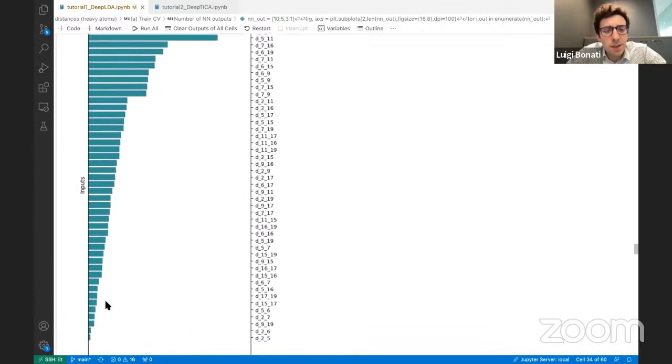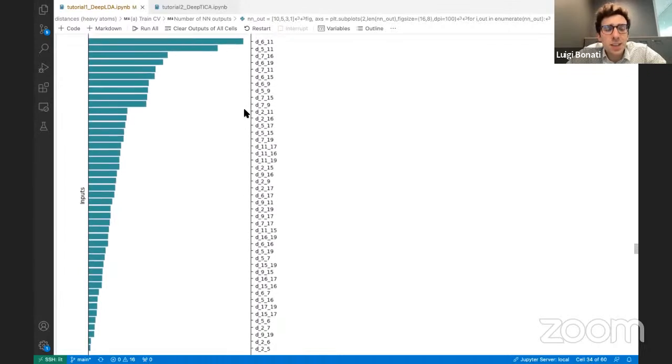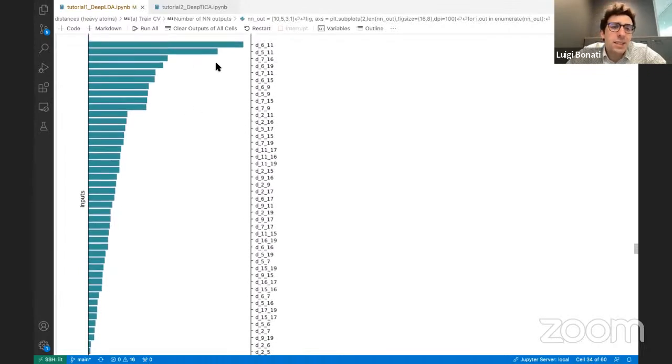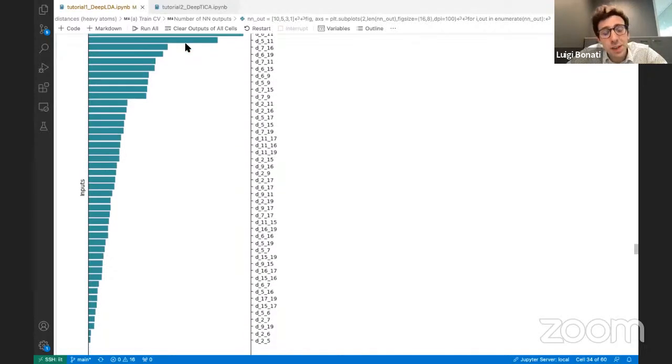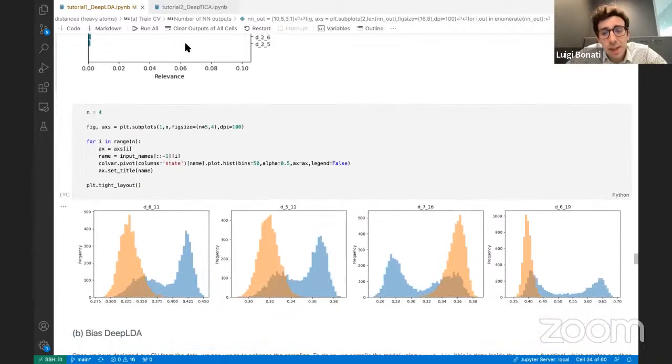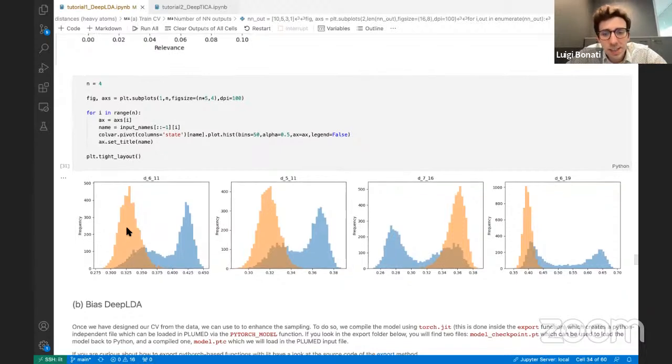This can be understood as percentages, and so they're normalized such that the sum is equal to 1. So we might ask, which are these features? Well, we can plot them, and we see that these are all features that have at least a bimodal distribution.